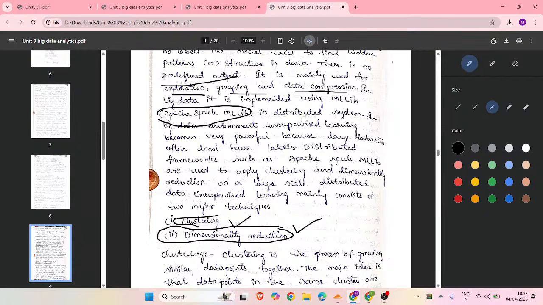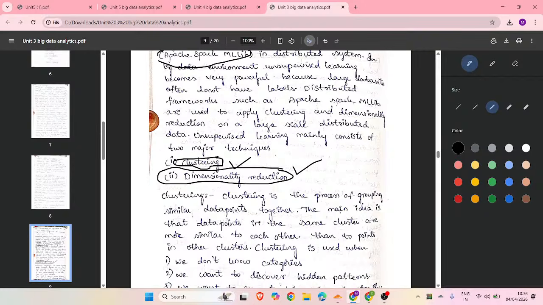I've mentioned K-means clustering in the class, and I will go through those notes. It is compulsory for everyone to mention clustering. For clustering, if any question comes, you need to mention K-means. For dimensional reduction, you need to write about PCA. That particular problem is also mandatory. So that is what you need to mention about these two concepts.